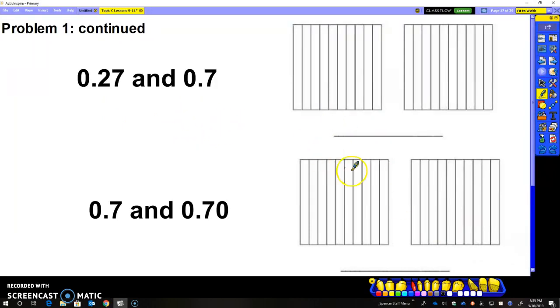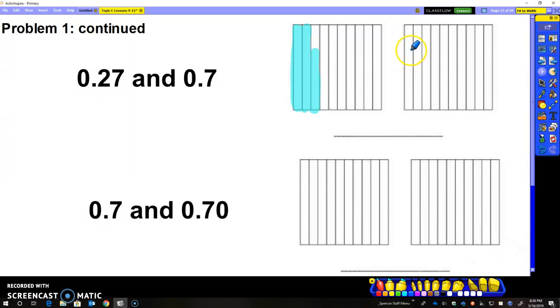So if I were to model this, the first one has 2/10. Okay, so 2/10, and it also has 7/100. So if I give or take, estimate here on the third tenth, that it's only part of the way filled, that's what it's going to look like.